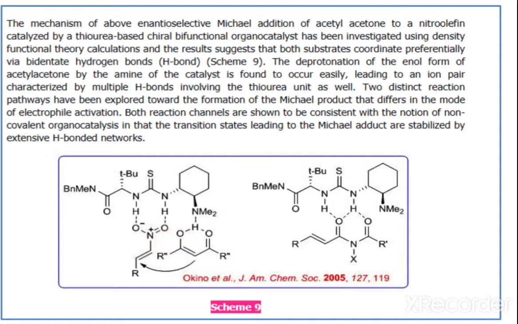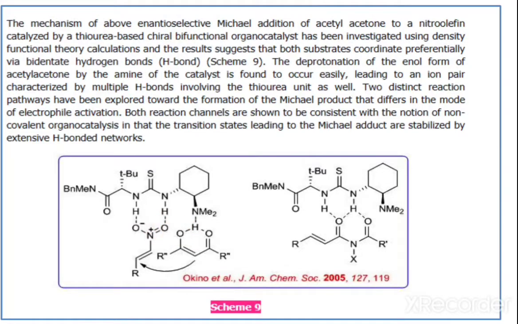Now the deprotonation of the enol form of acetylacetone by the amine of the catalyst is found to occur easily here, leading to an ion pair characterized by multiple hydrogen bonds involving the thiourea.